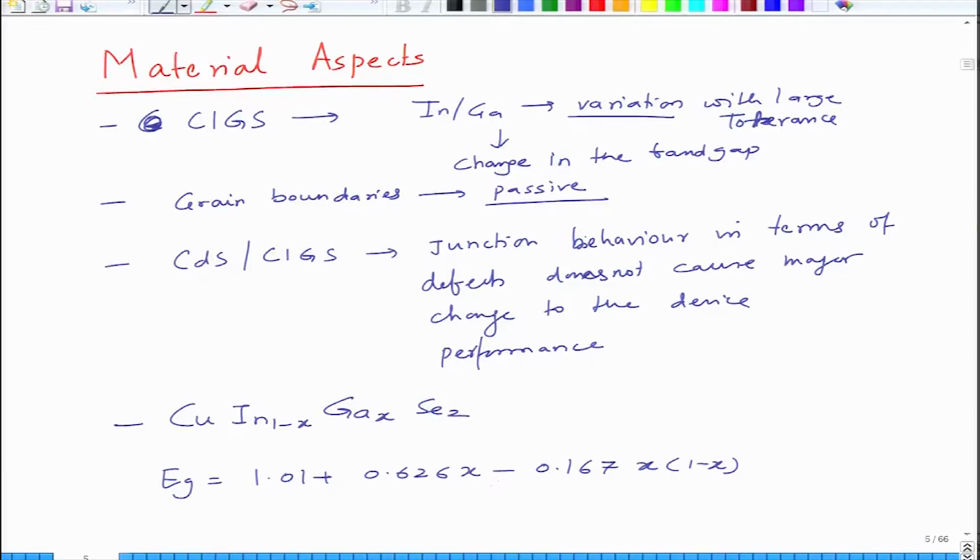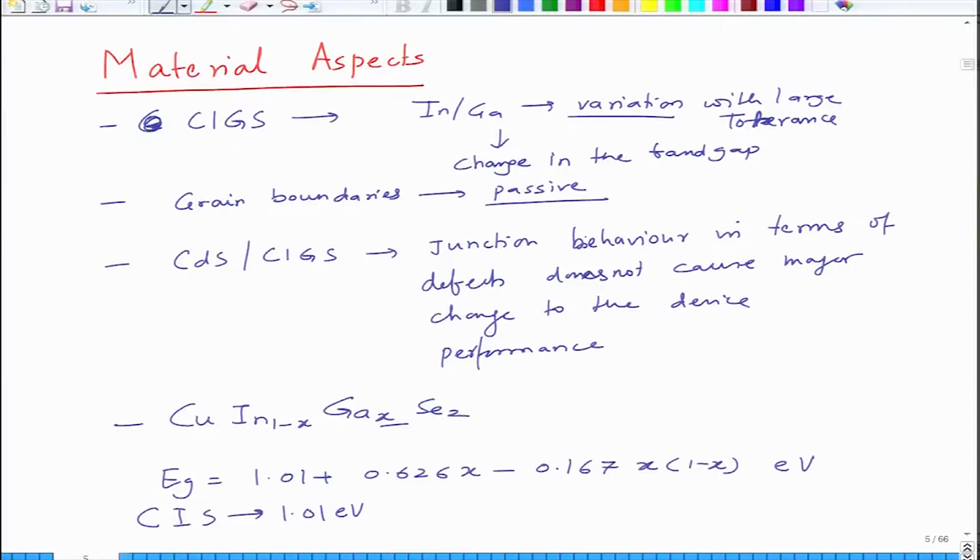So if your x is 0, so CIS has a band gap of 1.01 eV. This is in eV, okay. And for CIGS, this band gap changes as you increase the value of gallium in it, according to this formula, the band gap will change.